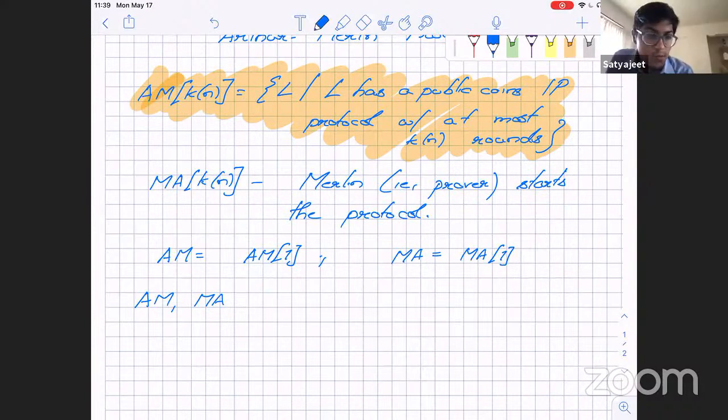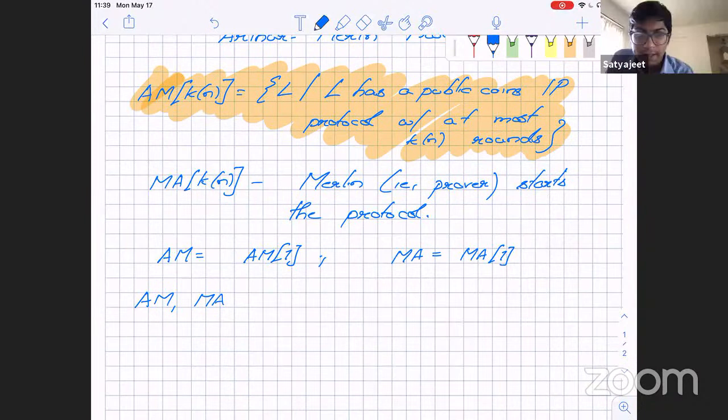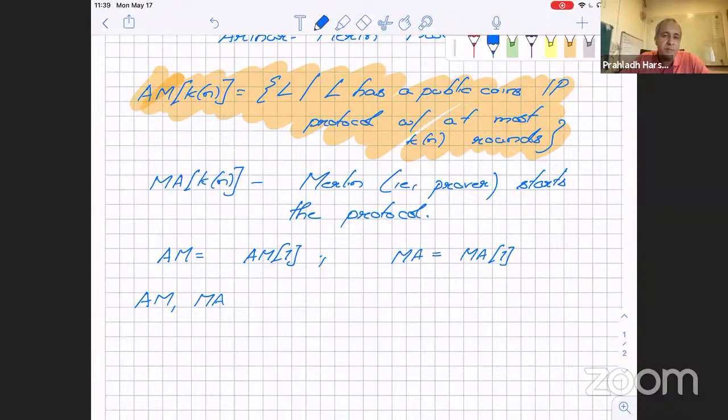If I care only for one or two rounds, if you really care whether the rounds is 1 or 2 or 3, then it matters who is the first speaker. MA poly is equal to AM poly. If you are willing to fudge the number of rounds by 1, then AM or MA doesn't matter. In fact, that's why people never write MA poly.